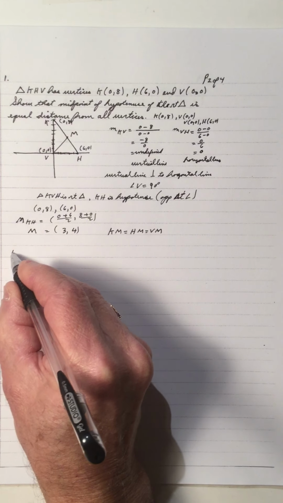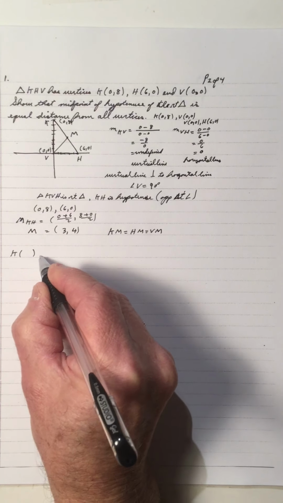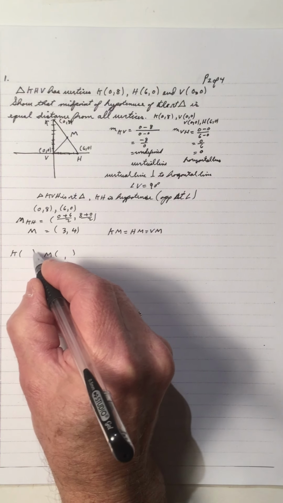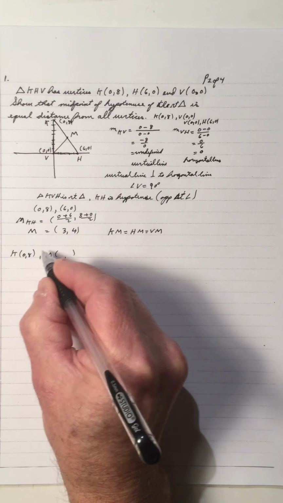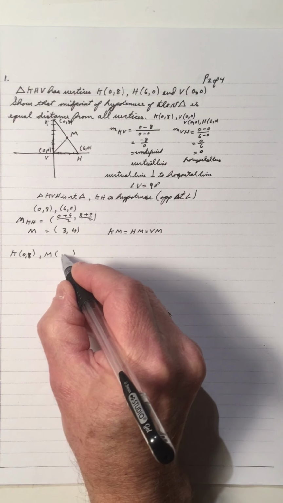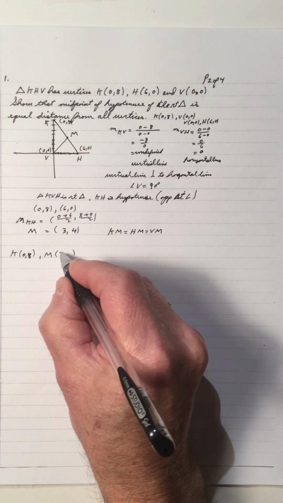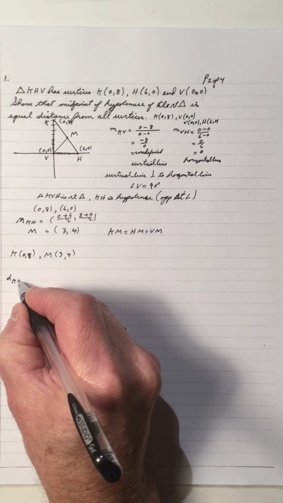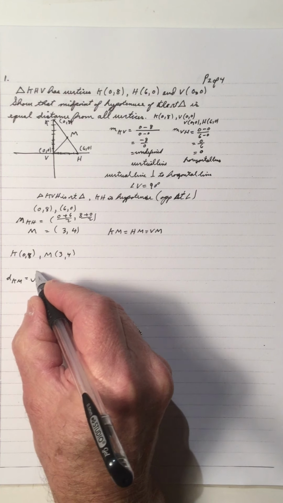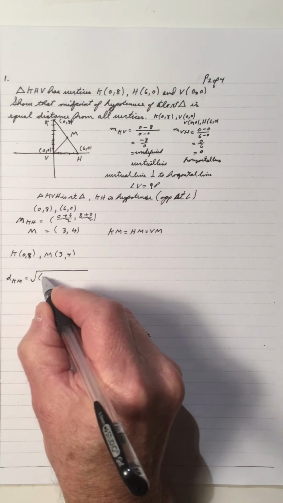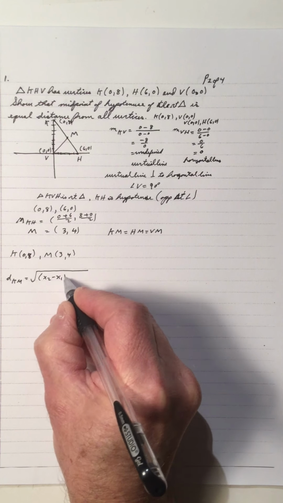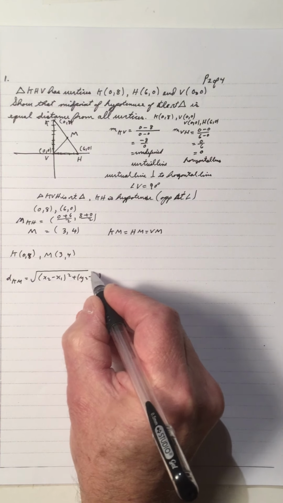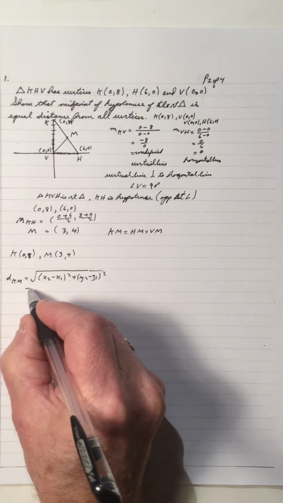So let's do K and M. K is (0,8) and M is (3,4). So let's get the length of KM. The distance is the square root of (x2 minus x1) squared plus (y2 minus y1) squared.